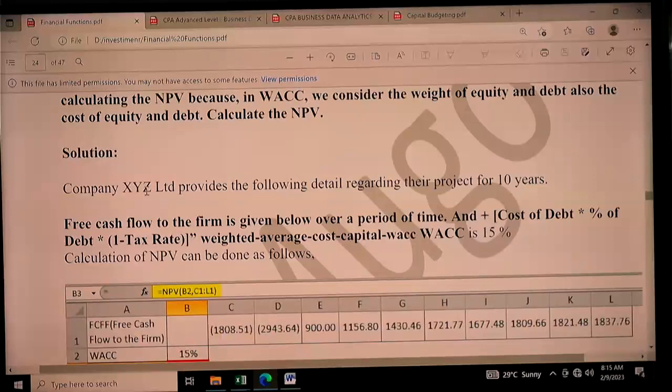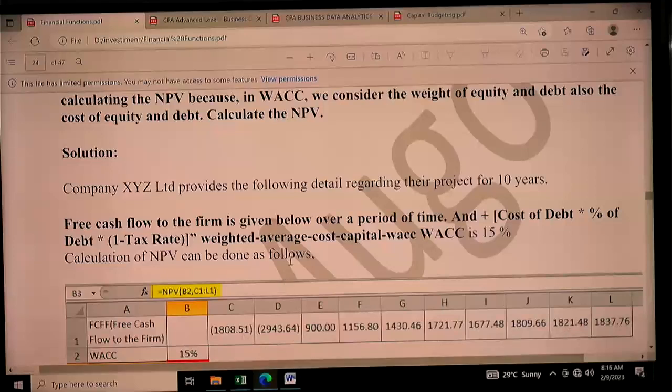The company X, Y, Z Limited provides the following details regarding their project for 10 years. We are given the free cash flow of the firm over a period of 10 years. That is, we have the cash outflow and the cash inflow, a series of payments.